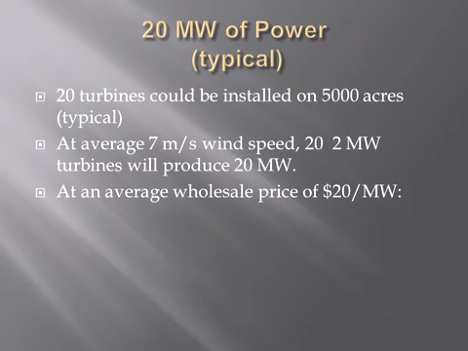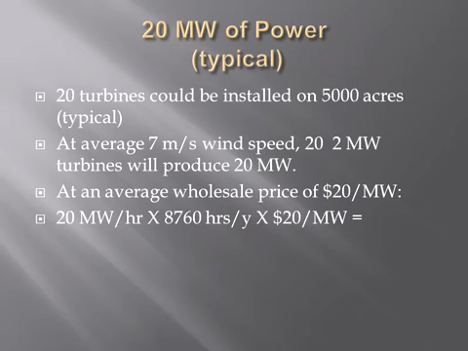Now, the average wholesale price of electricity is $20 a megawatt. So, 20 megawatts per hour times 8,760 hours per year times $20 a megawatt is going to yield $3.5 million per year of electrical sales.